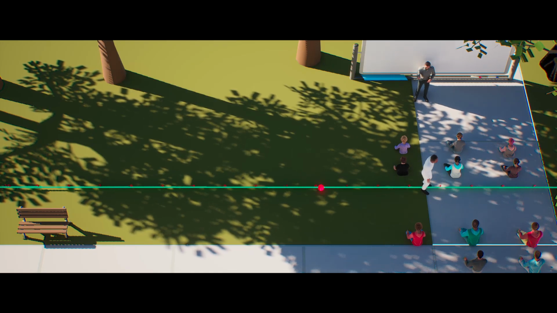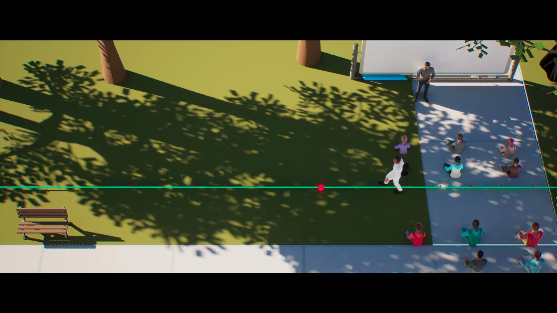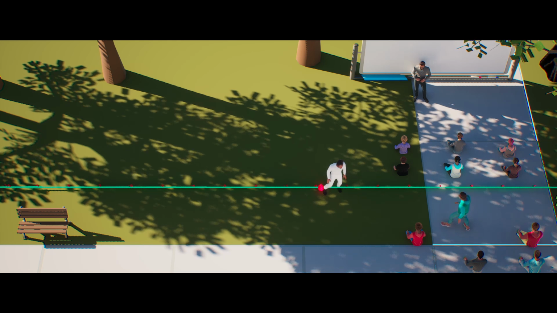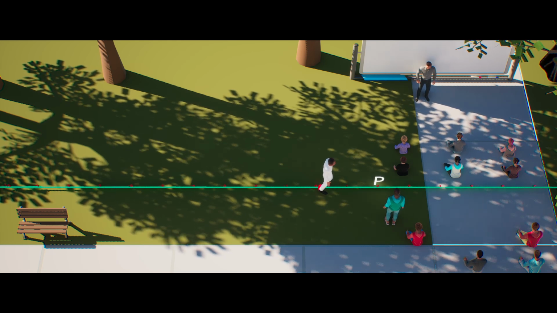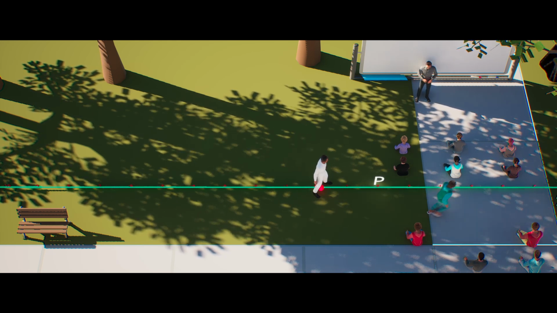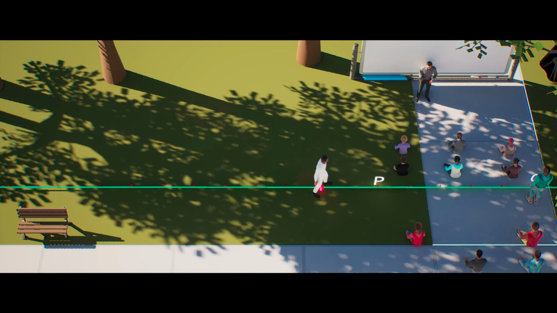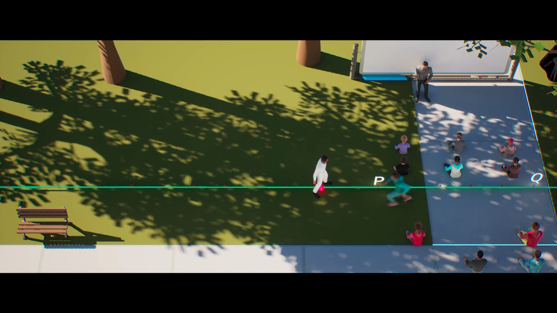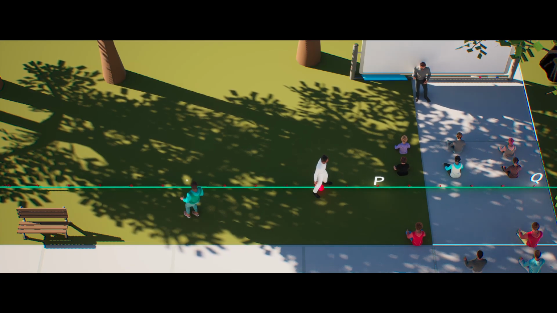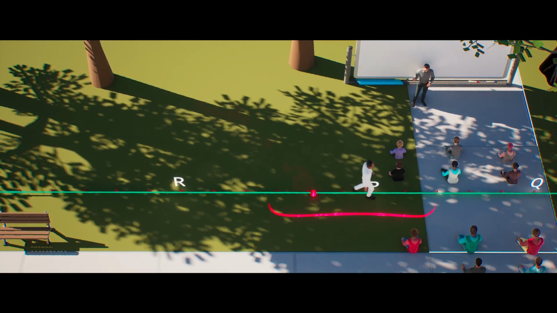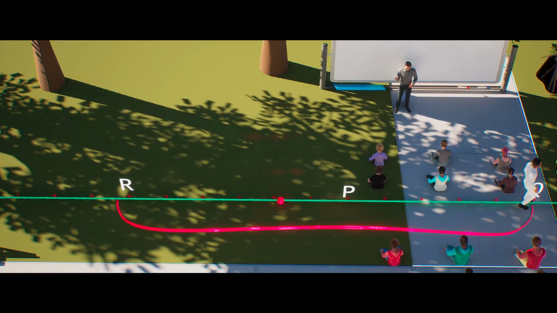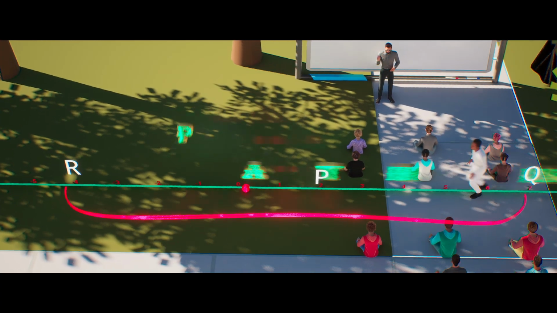Arjun, choose 3 random locations along the x-axis. Now Abhi is at the origin. Abhi, can you move from your origin to P, then Q and R? The total distance traveled by Abhi in this case is called path length.